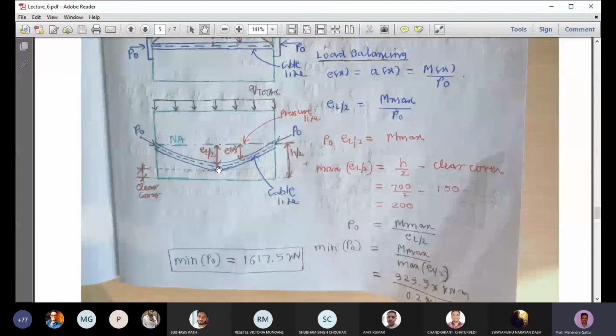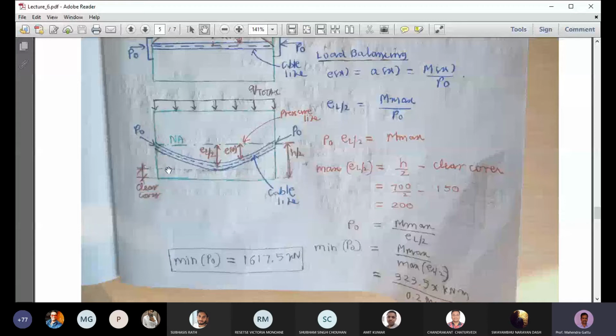If you see here, this is the clear cover, and the total distance of the neutral axis from the bottom fiber is H by 2. So the maximum possible eccentricity will be H by 2 minus clear cover. If the cable goes below it, then the clear cover is exceeded, and the minimum clear cover is not maintained. So we have to have the cable above this line.